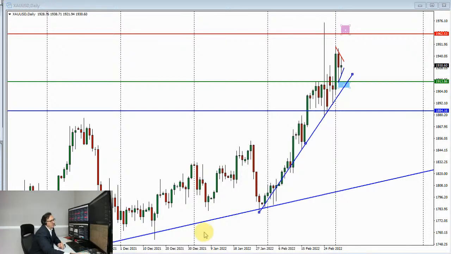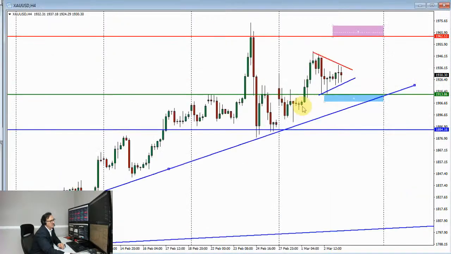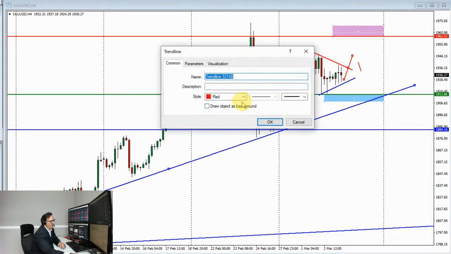The way I'm seeing this, gold is coming to a fairly decent level with this coiling price action. This coiling price action normally precedes explosive breakouts. So what are bulls hoping for? Sorry, I'll change the color of this so that we have blue and red and you can see what I'm doing.